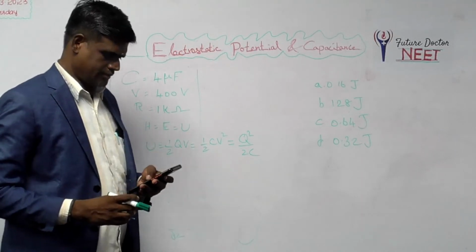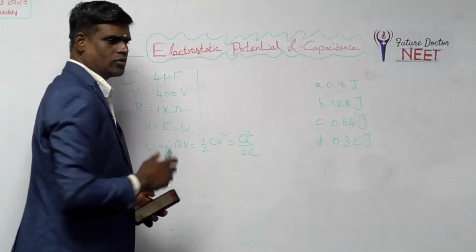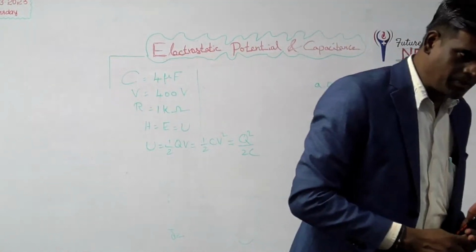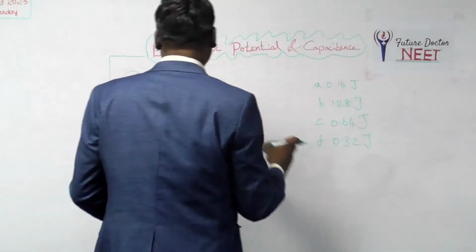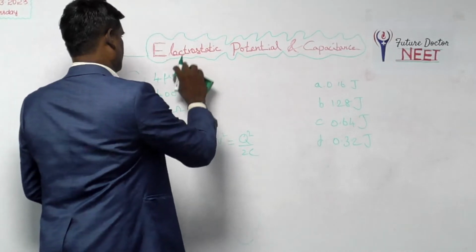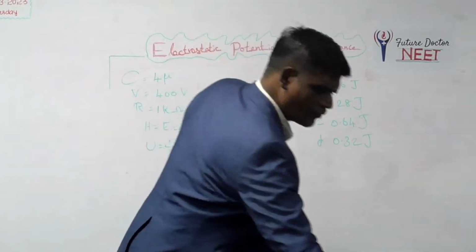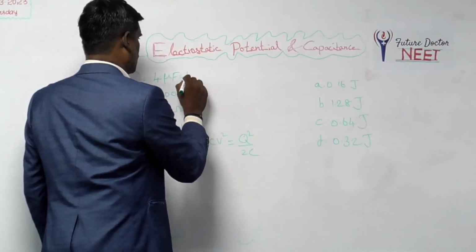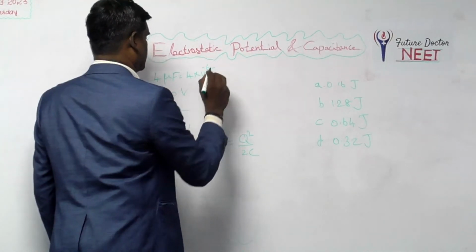Do it. And convert microfarad to normal farad. Micro means how much? 10 power minus 6. Four microfarad is 4 into 10 power minus 6 farad.